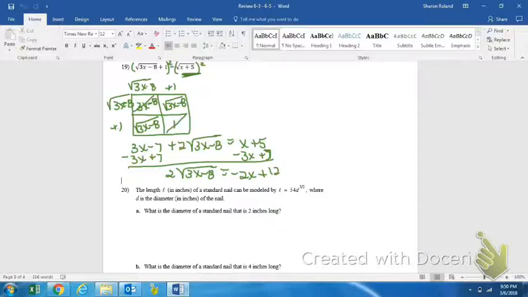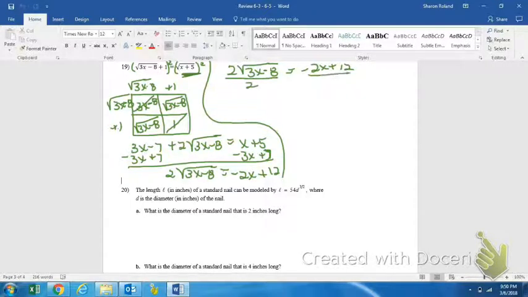Okay, so I'm going to come up here to finish that. My handwriting's bad. 2 square root of 3x minus 8 equals negative 2x plus 12. And you're going to divide both sides by 2, and you'll have the square root of 3x minus 8 equals negative x plus 6.